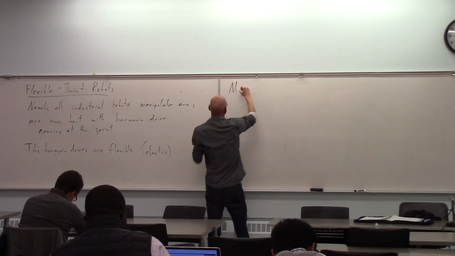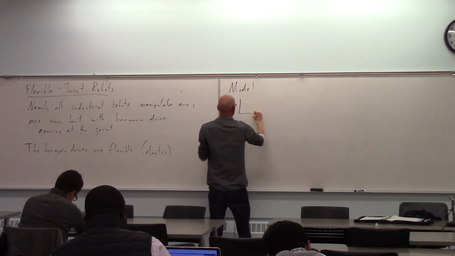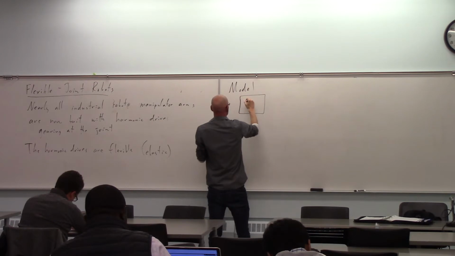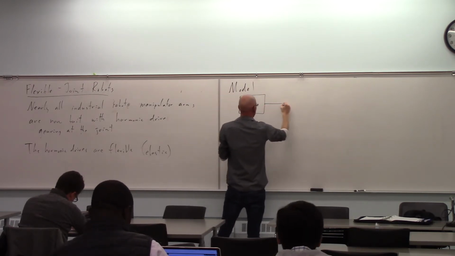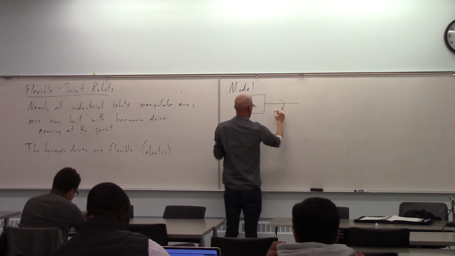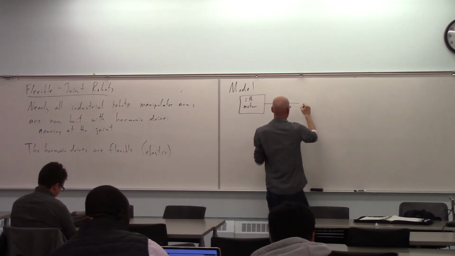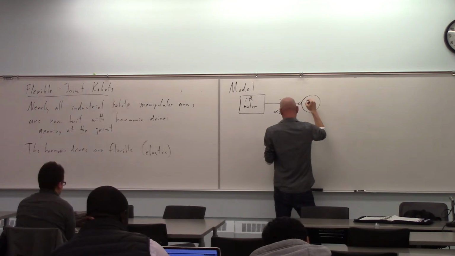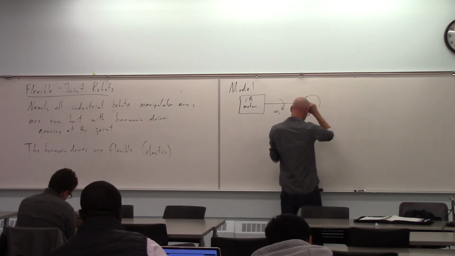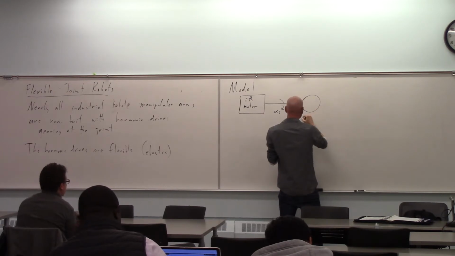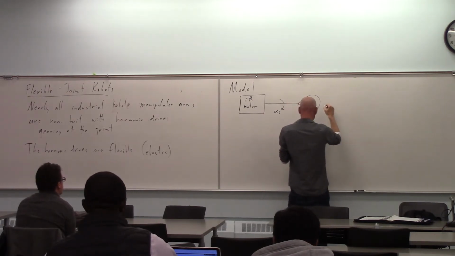The model: here we have the i-th motor in our robot, and we have rigid angle phi i. We have a gear ratio, Ni is the gear ratio.